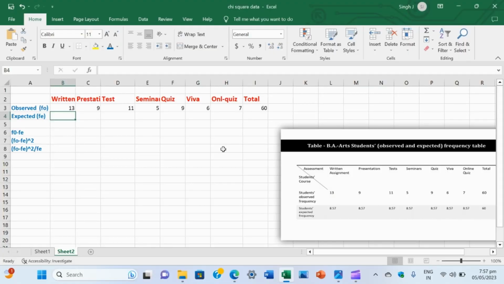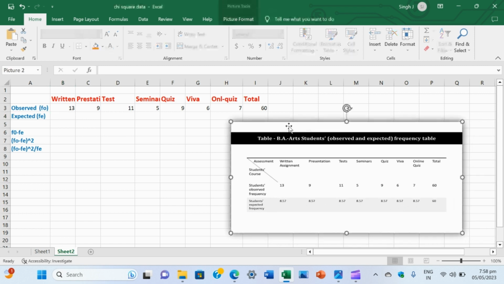With the help of an example in Excel, I will show you how to find the chi-square value. Suppose in this example, BA Arts students were asked whether they like the presentation, written assignment, test, seminar, quiz, and viva or online quiz, and the frequencies obtained were 13, 9, 11, 5, 9, 6, and 7.